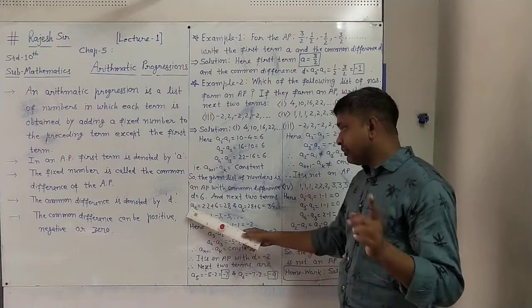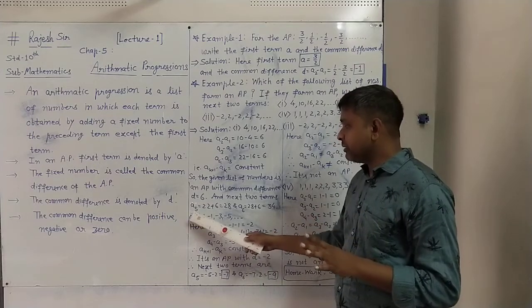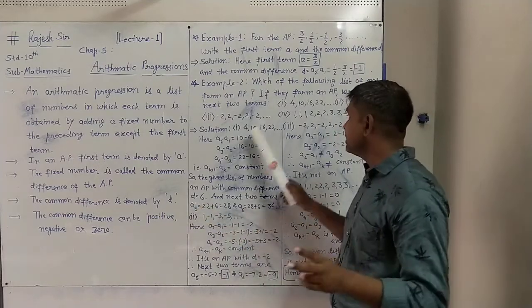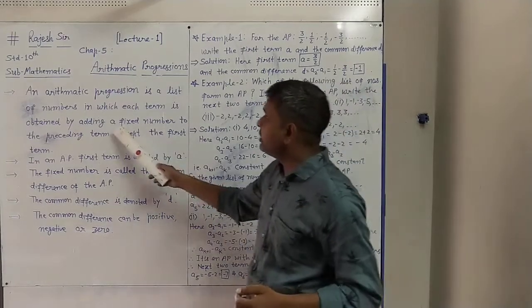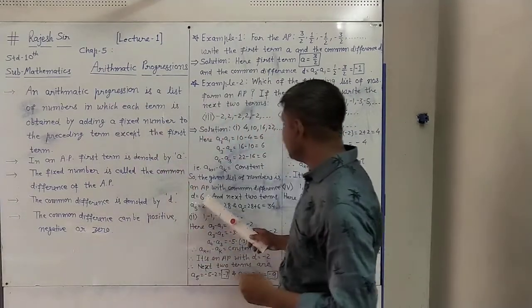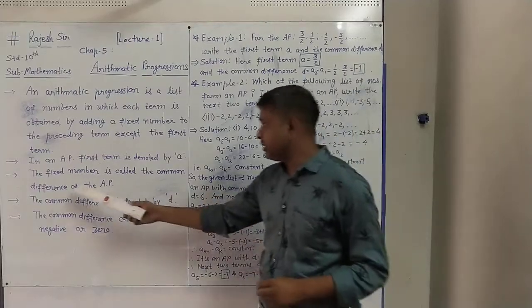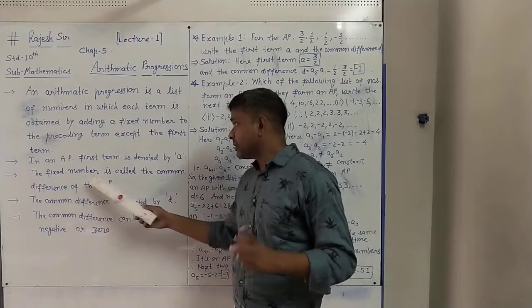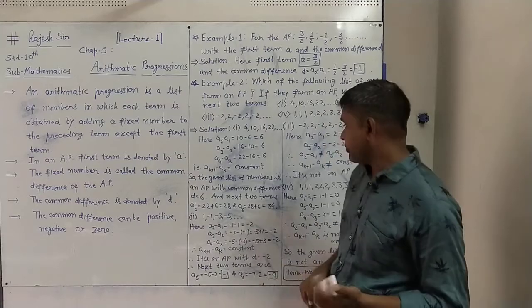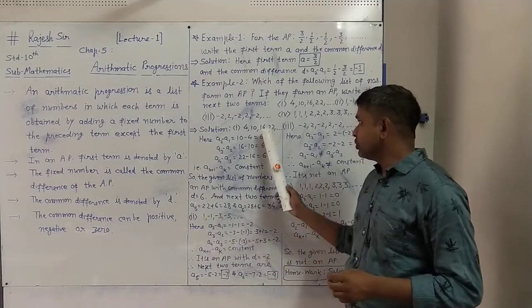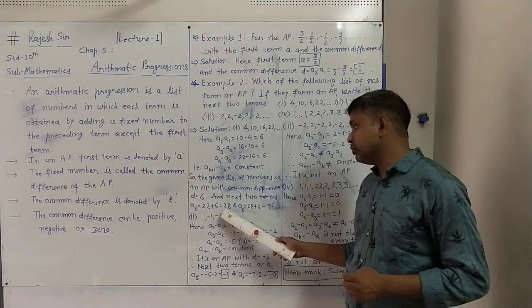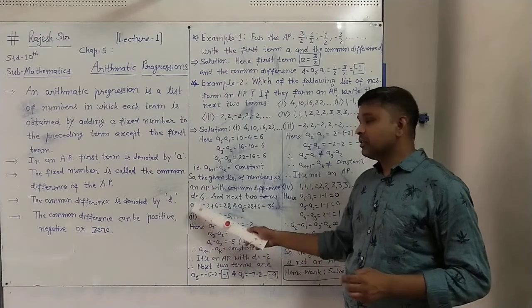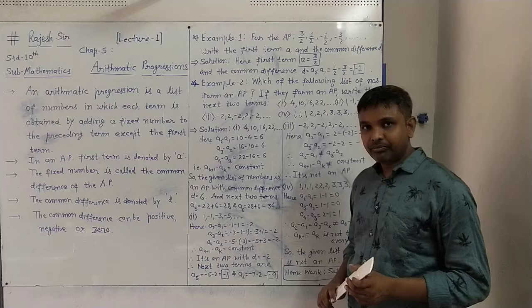If you want to get the fifth term, its preceding term is the fourth term, that is 22. In that, what do we have to add? A fixed number, that is the common difference d. So if we add the common difference d to the fourth term, 22 plus 6 equals 28, this gives the fifth term.